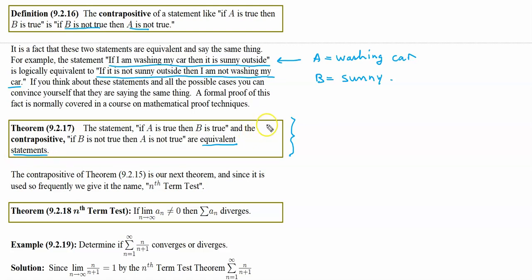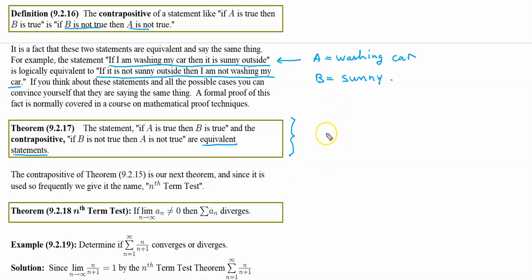Now, this is a statement that you would prove in a logic course or in a mathematical proof techniques course. So we're not going to go over the details of this, but if you think about it for a second, like with this example up here, it should seem reasonable that a statement and its contrapositive are equivalent statements. Now let's think about the previous theorem that we looked at.